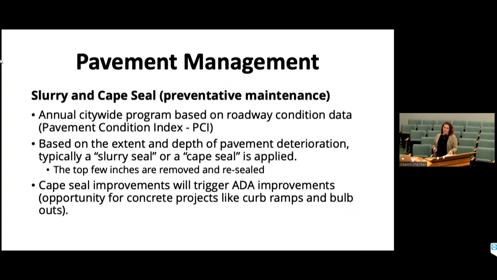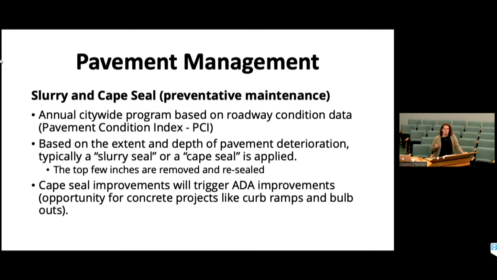So the next CIP transportation teamwork is pavement management, and we have an ongoing program that covers many types of projects, and this one, the slurry and cape seal, is really a preventative maintenance project we're going to be talking about.